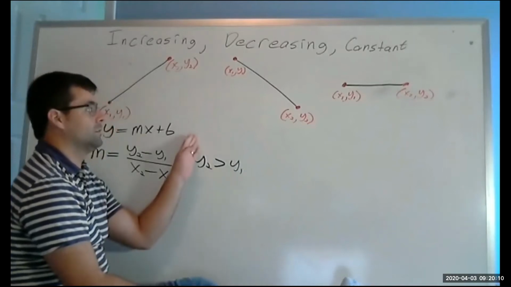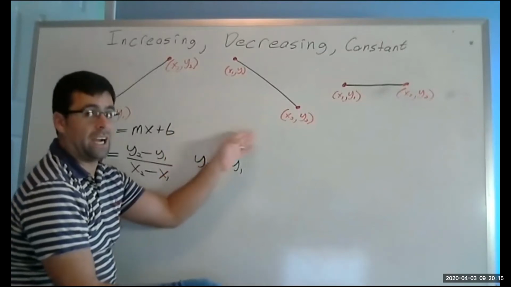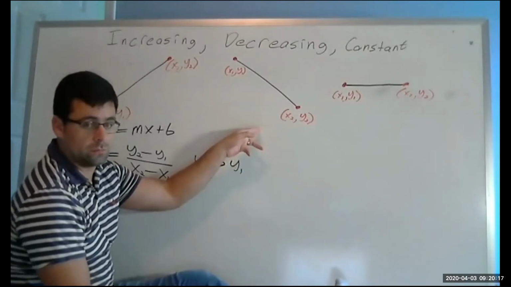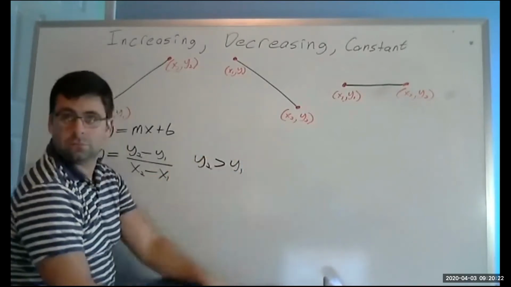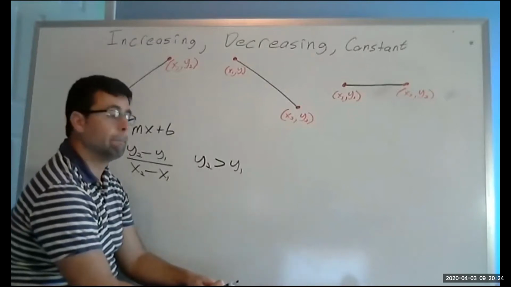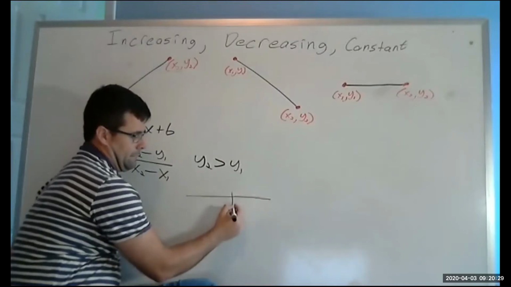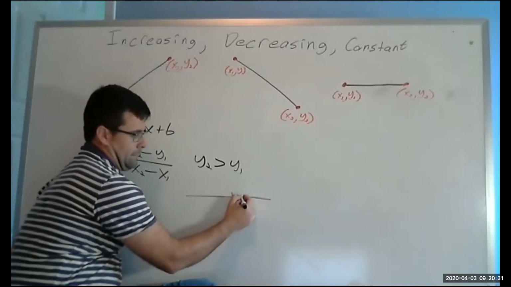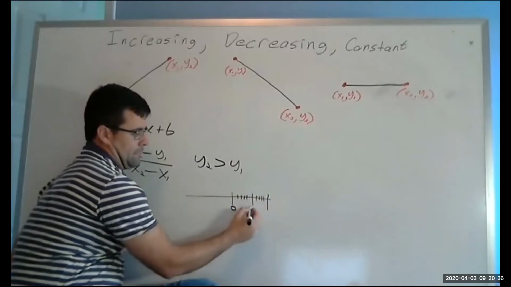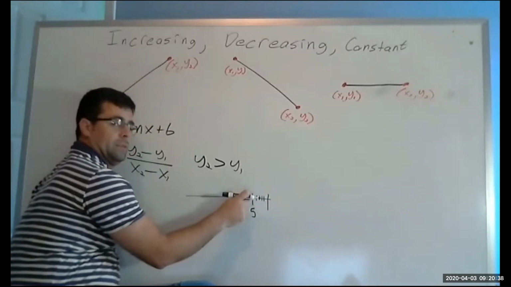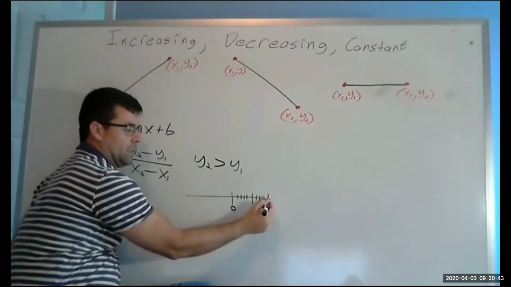If you start at 5 and you go to the right 5, what is your new x value? 1, 2, 3, 4, 5.